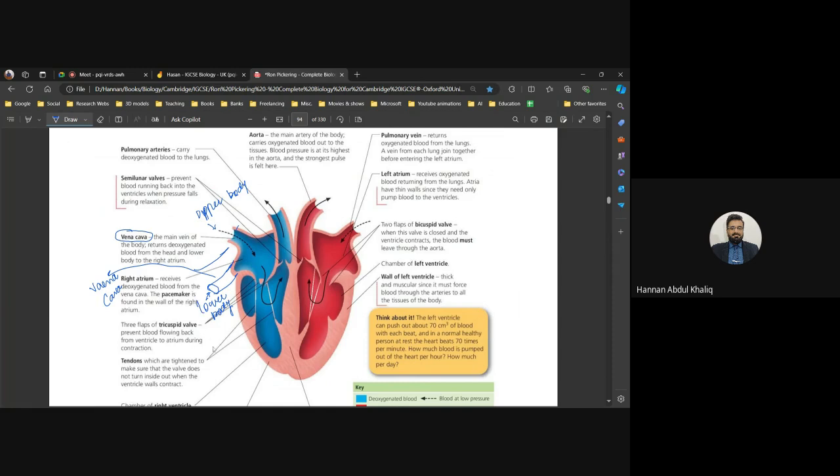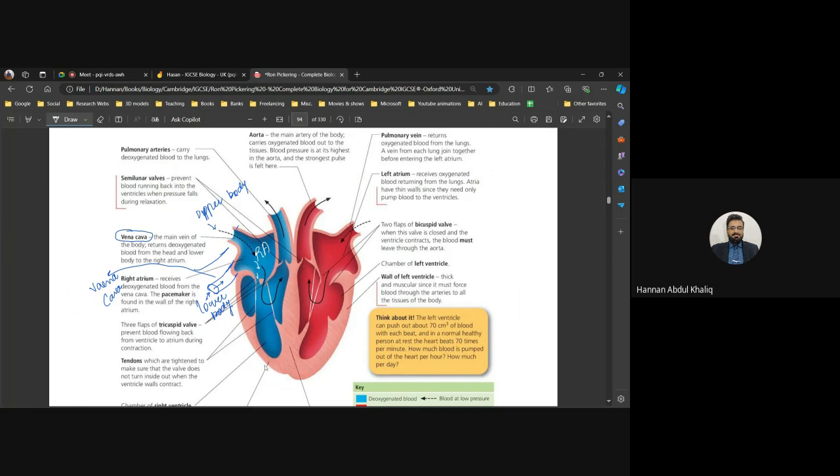Okay. Now, once the blood enters the heart, the first chamber that the blood would face is the right atrium. The right atrium would pump, pushing the blood into the right ventricle.